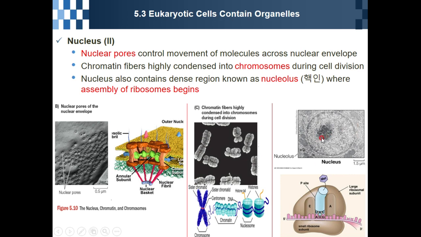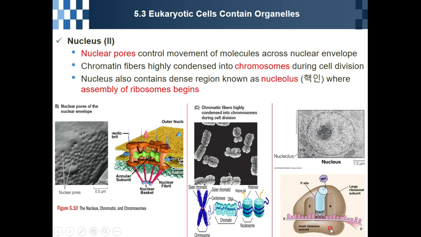The nucleus also contains a very dense region like this. We call it the nucleolus. In this region, the assembly of ribosomes begins.